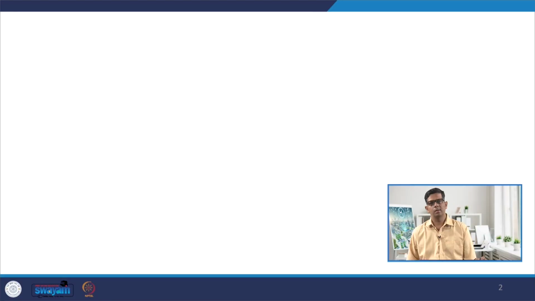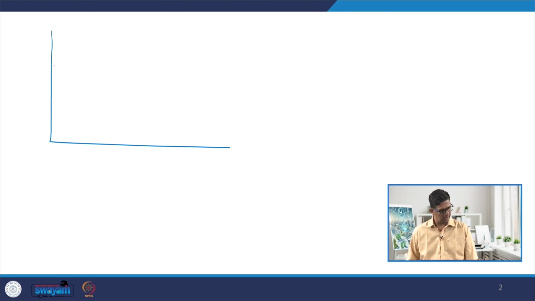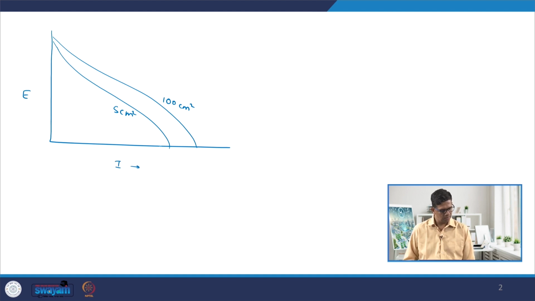So now the question arises whether we can go ahead with the smaller cells or the larger cells. So let's continue discussing with the power density. So wherein we take these two cells, let's say this is 5 centimeter square and this is, let me go ahead with 100 centimeter square cell, and as we have taken this example before as well, let me continue with that.